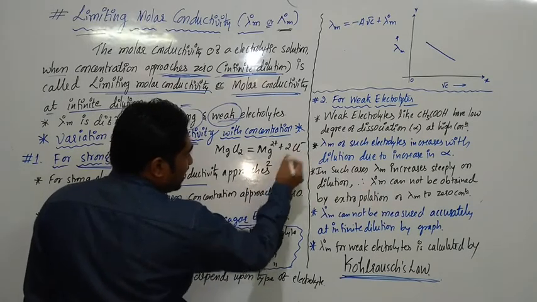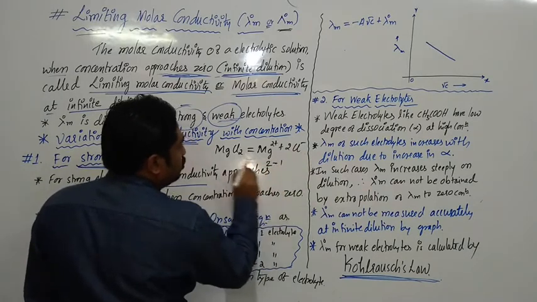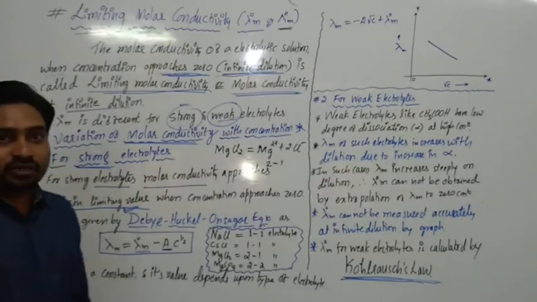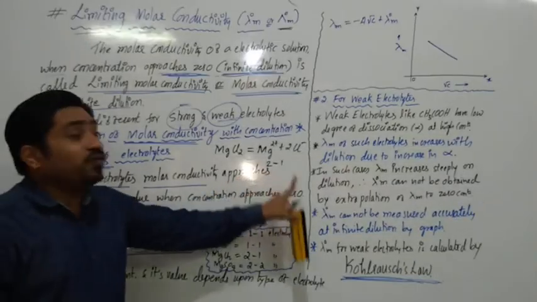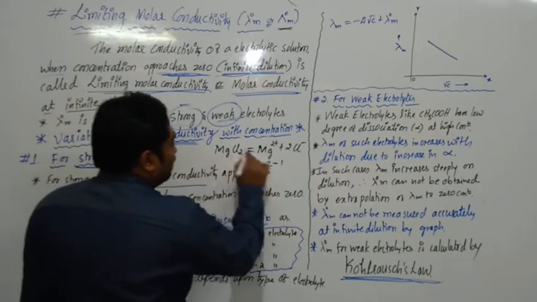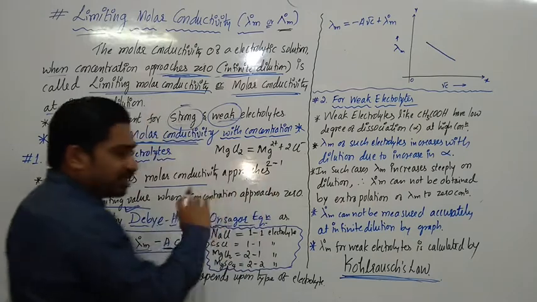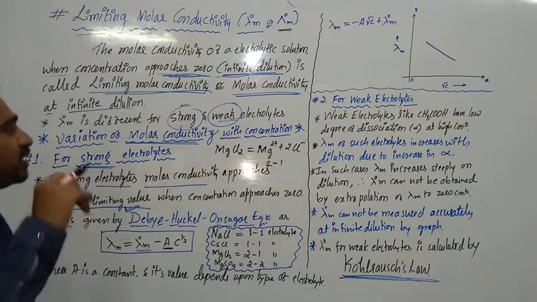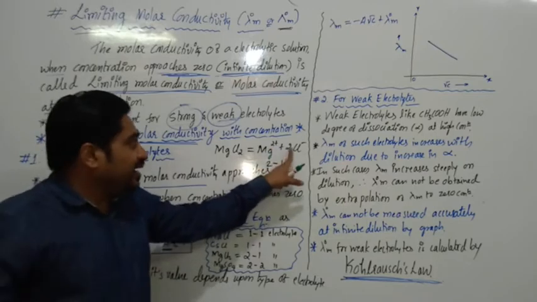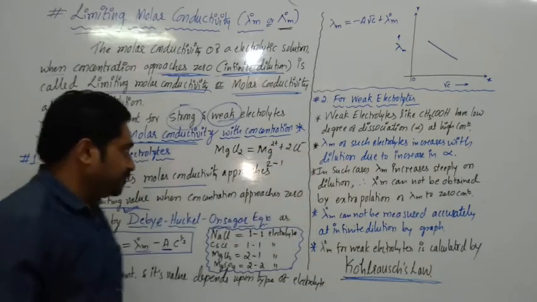What is the charge on the anion? 1. So this is a 2,1 type electrolyte. Electrolytes are classified on the basis of the number of charges on the cation and the number of charges on the anion.